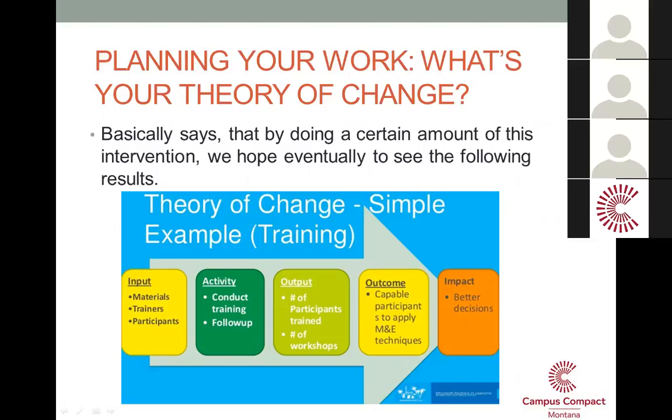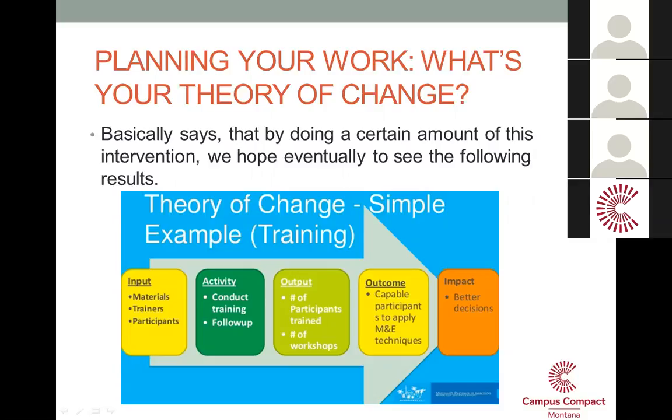It starts with inputs, activities, and outputs, which are shorter term but can be measured products of your work. And then some longer term outcomes, which are perhaps harder to measure, but also a product of the work. And then long-term impacts, which are really the change that you're hoping to see occur. Those come about by virtue of these inputs and activities that the funder is helping with.